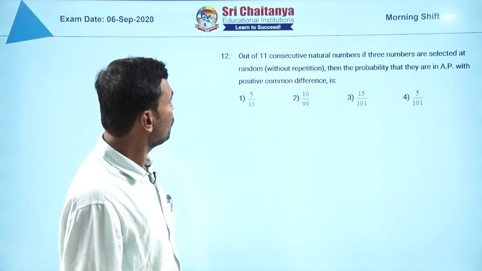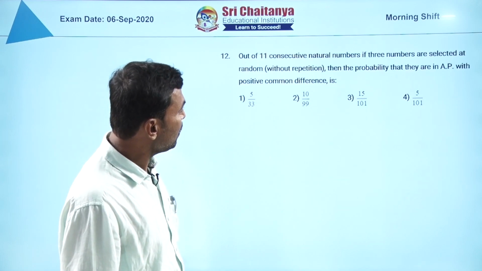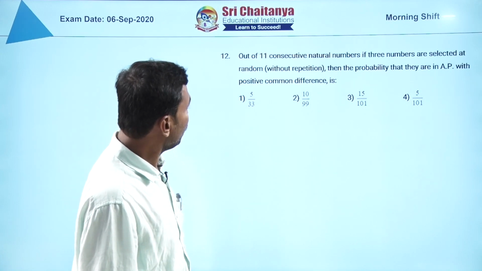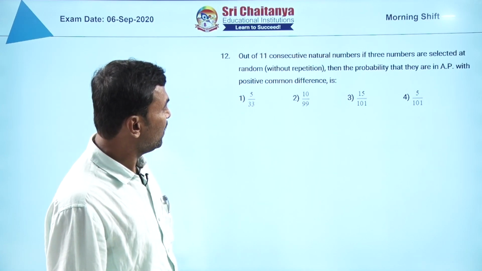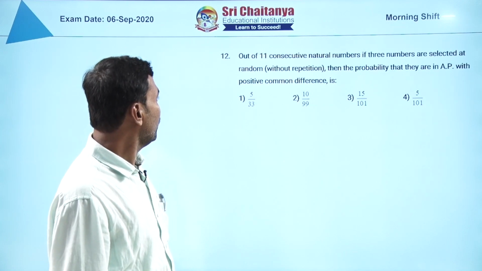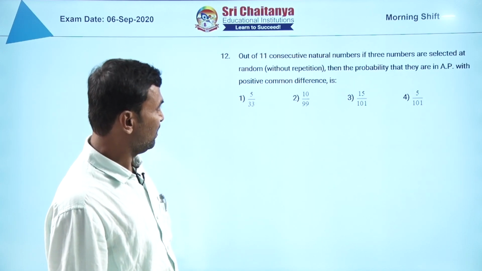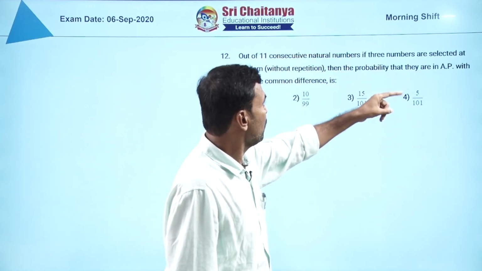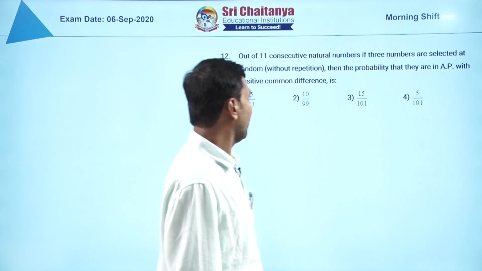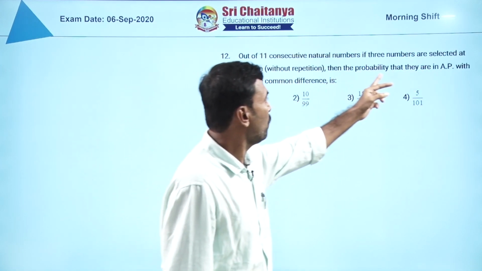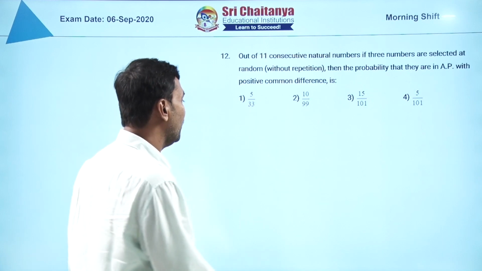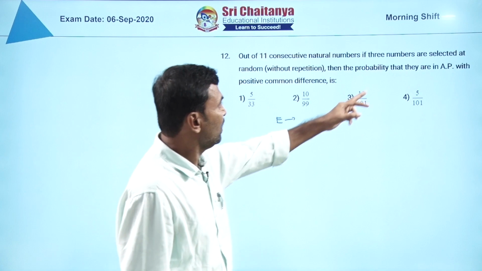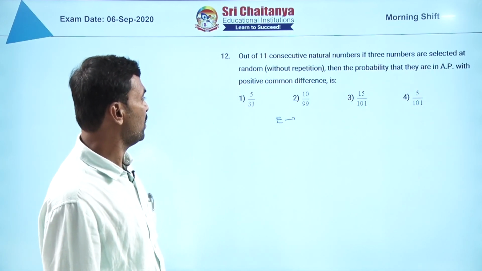Out of 11 consecutive natural numbers, if 3 numbers are selected at random without repetition, then the probability that they are in AP with positive common difference is... This is the question. Let E be the event that the selected numbers are in AP.